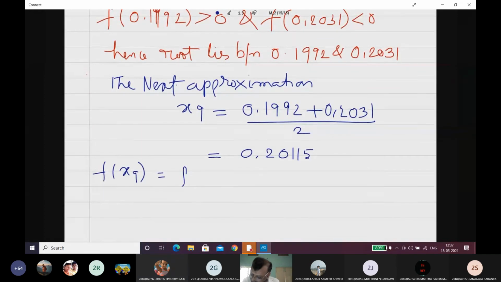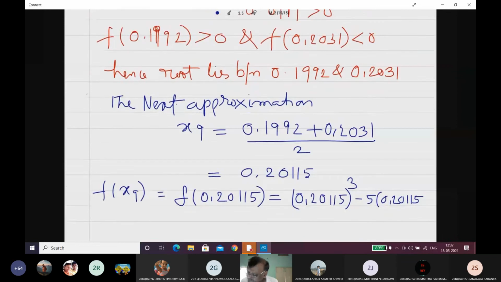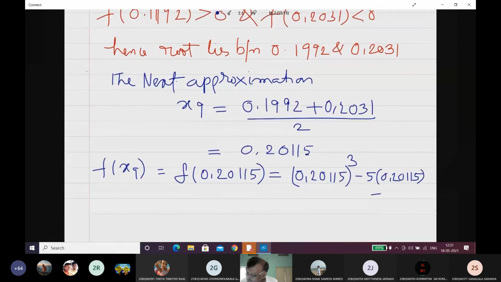F of 0.20115 is equal to 0.20115 whole cubed minus 5 into 0.20115 plus 1.